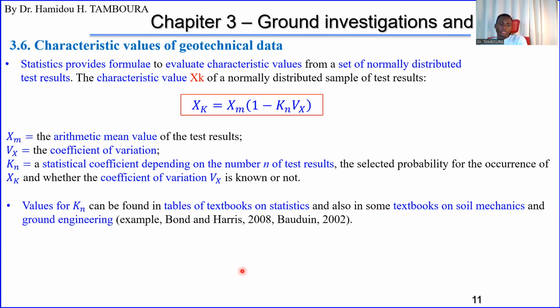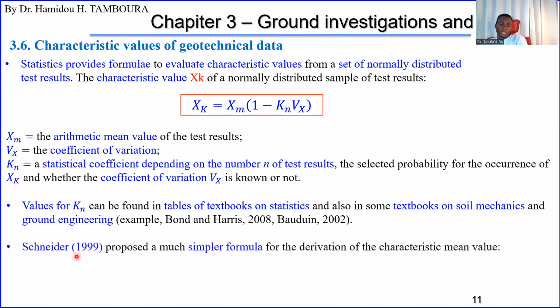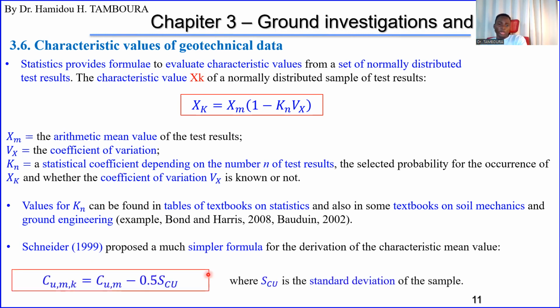Here are some examples. This reference proposes another formula, which is simplified to obtain the characteristic mean value.